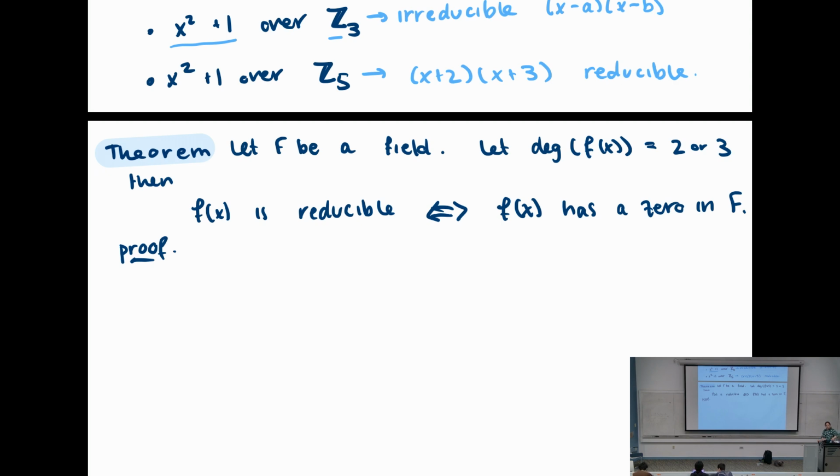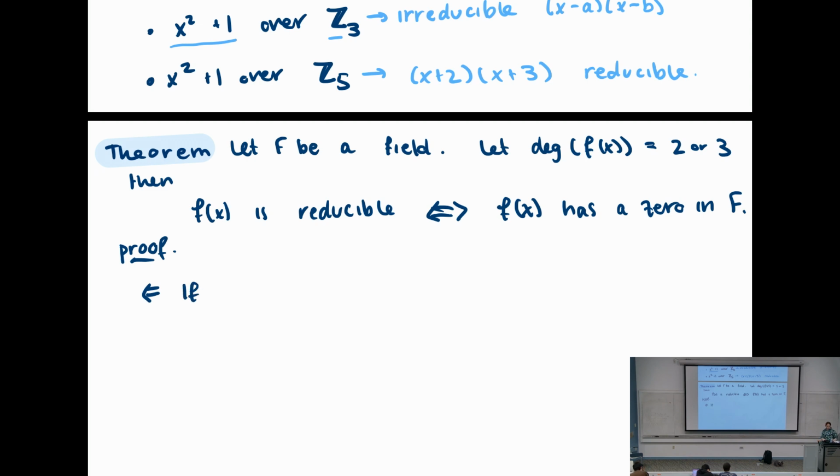Okay, let's go ahead and prove this. So one of the directions is easy. Which one is it? Yeah, so how does this go? If it has a root a, then by the theorem, x minus a is a factor of f. Yeah, exactly.